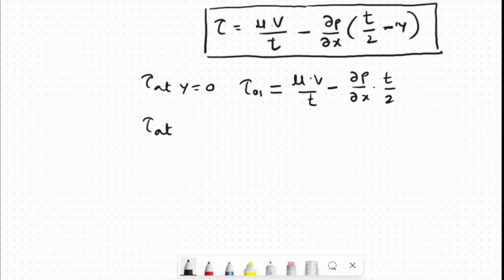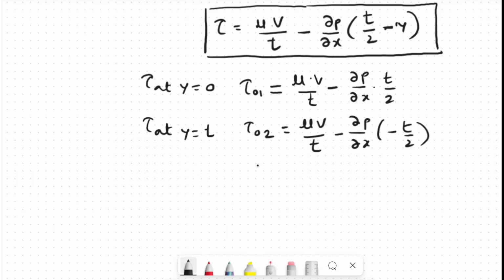Tau at y equal to t, so tau 0,2, will be mu into V by t minus, now if y is equal to t, dp by dx into minus of t by 2. That is tau 0,2 is equal to mu V by t plus dp by dx into t by 2.